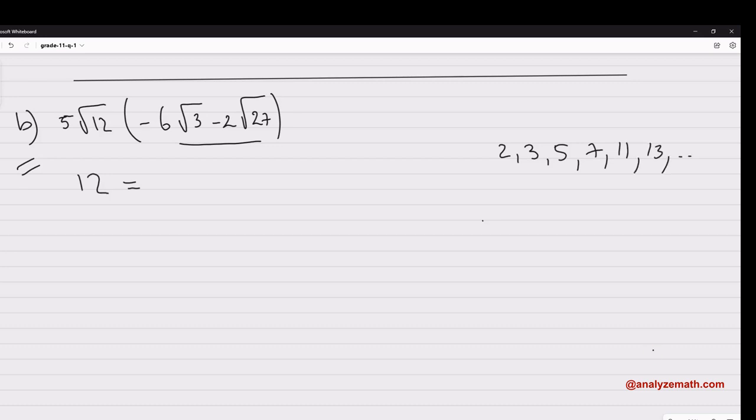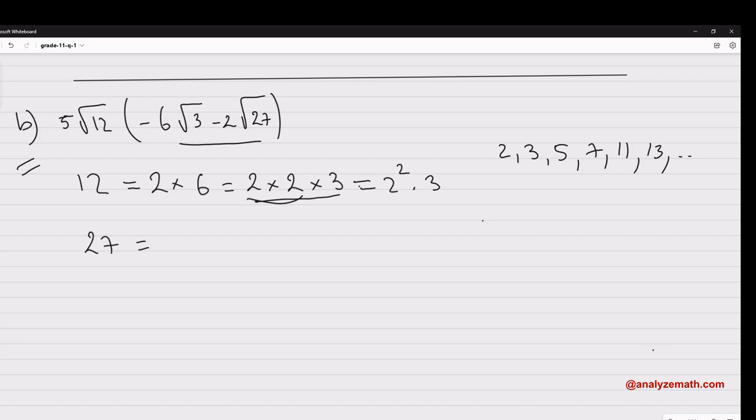So 12 can be divided by 2, so it's 2 times 6. 6 is 2 times 3, and then we stop. We cannot go any further. Now remember, 2 multiplied by 2 can be written as 2 power 2 times 3. Now square root of 3 cannot be simplified anymore.